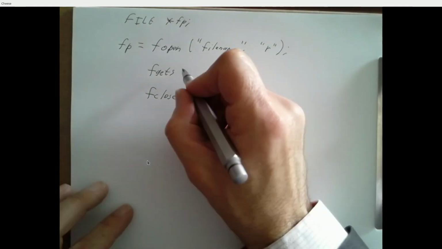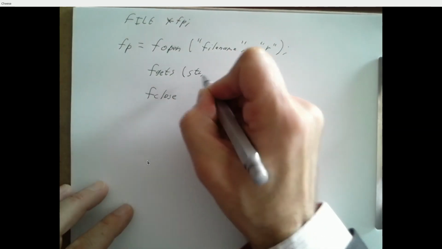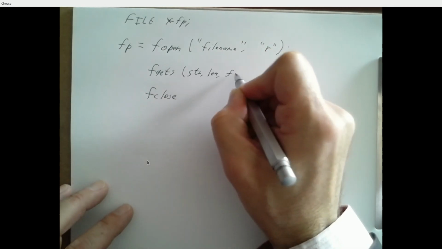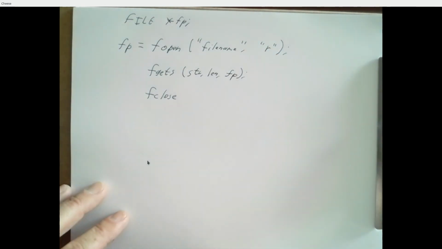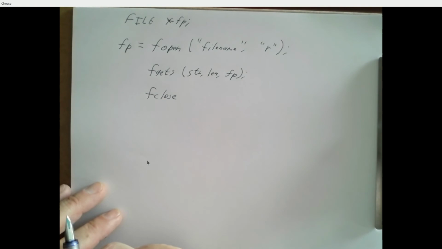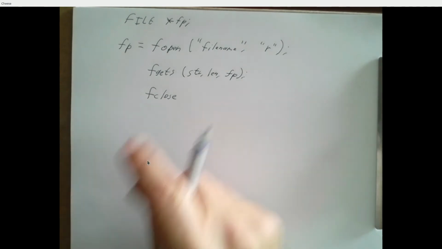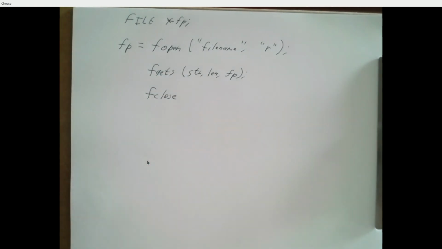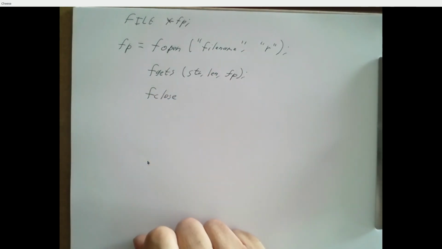And when we say fgets, we can say string, length, and this third argument can be fp. And now instead of reading from standard in, we're reading from this file. So it's kind of like doing that less than redirection that we do when we run a program, but we're doing this inside the code itself. So if you always want to read from a particular file, this is how you can set it up.